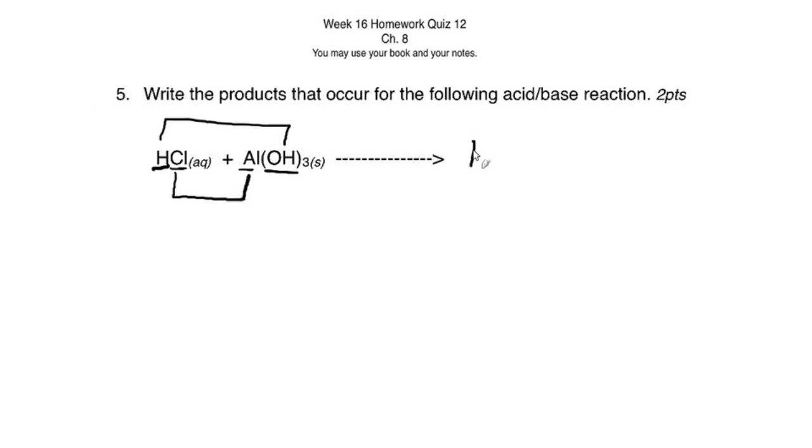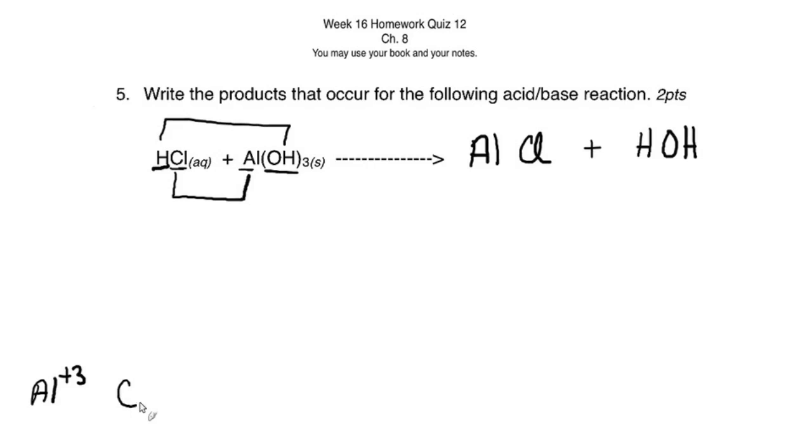So what you end up with is a compound formed from aluminum and chlorine, and a compound formed from hydrogen and hydroxide. Okay. Now, first of all, let's look at the aluminum and the chlorine. Aluminum is a group 3 element, which means it's going to have a +3 charge.